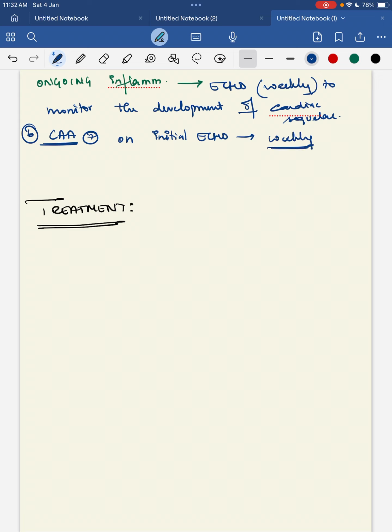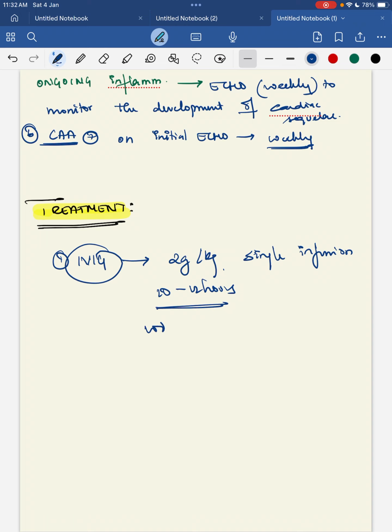If the child presents to you after 10 days of illness with persisting fever, or coronary artery abnormalities, along with elevated ESR and CRP, then also you have to start the child on IVIG, right?